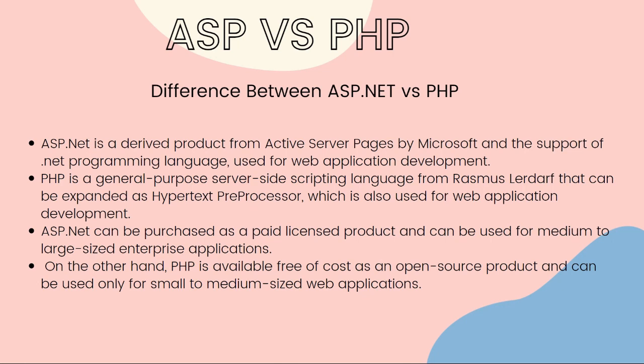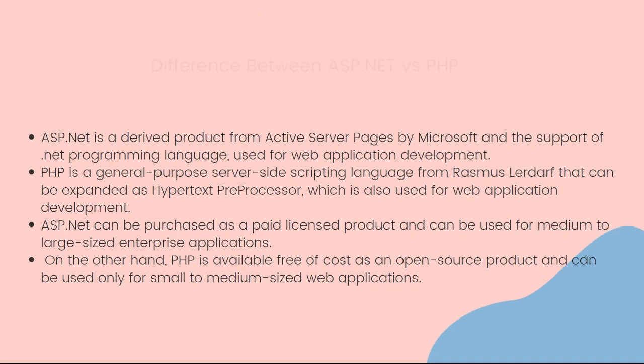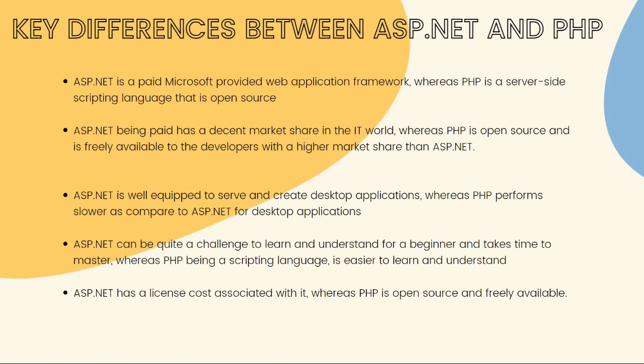ASP.NET can be purchased as a paid license product and can be used for medium to large size enterprise applications. On the other hand, PHP is available free of cost, is an open source product, and can be used only for small to medium size web applications. Okay, the key differences between ASP.NET and PHP.